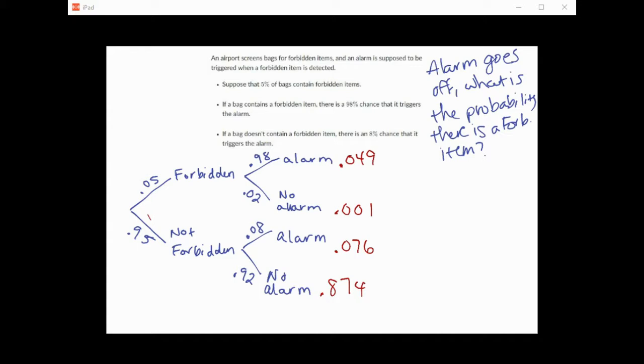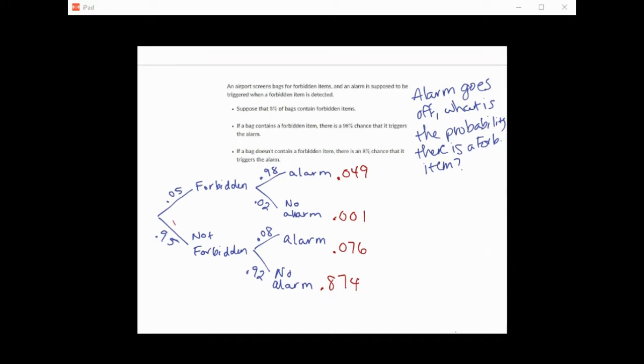Okay, so here, let me read it the way the problem says it. The alarm goes off. So what is the probability that there is a forbidden item? That's where I say it kind of helps to rewrite it. So forbidden given that the alarm went off.